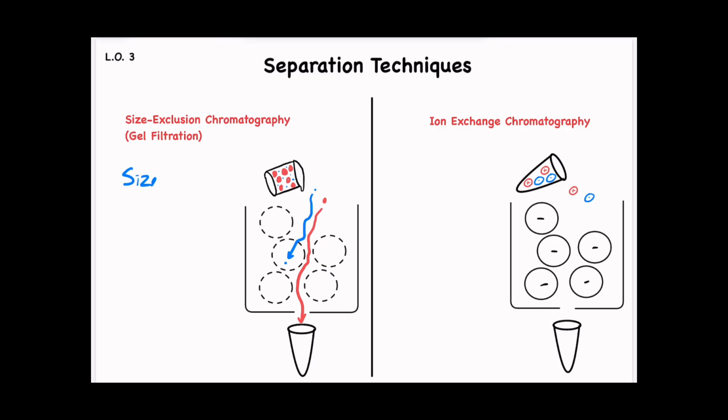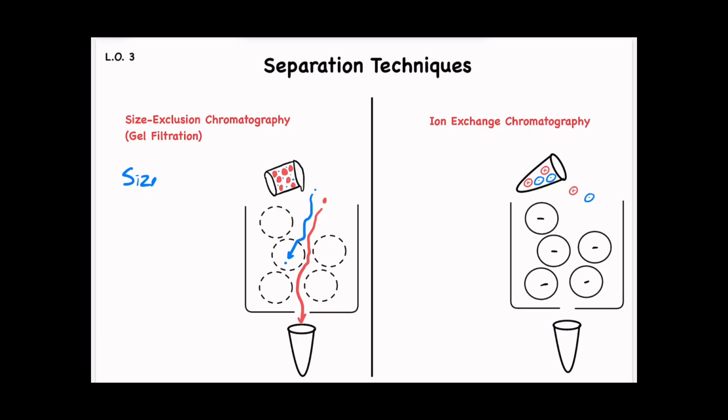And so one way the MCAT might try to trick you is you might see the words size-exclusion chromatography, you might think of beads in a column, and you might say, oh, it's obvious, the smaller beads are going to elute first, the bigger beads are going to travel slower, or the bigger proteins are going to travel slower and elute second. Well, that's not the case. These beads have small pores, and it's specifically meant to trap smaller proteins and allow bigger ones to elute first.